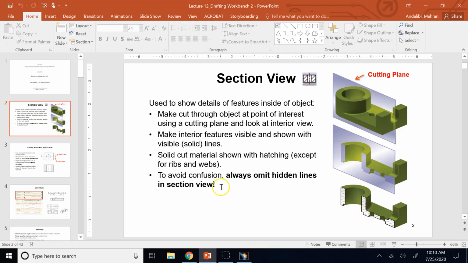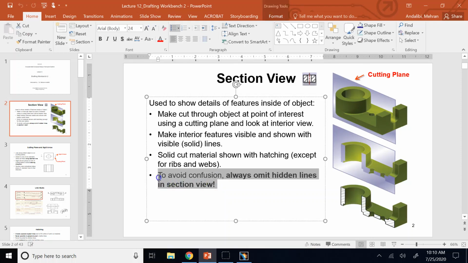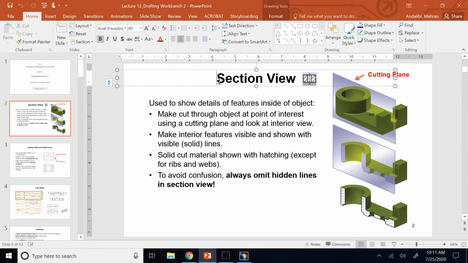We avoid showing any hidden lines on the section view. The same was about the isometric view. If you remember, I mentioned when you draw the isometric, never activate hidden views in an isometric, okay? So these are the two views you never show hidden features.